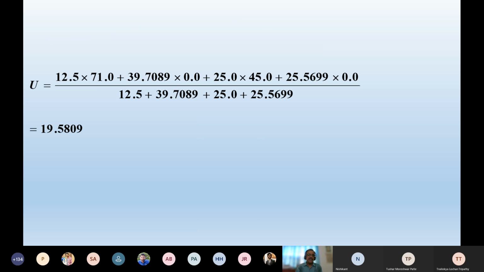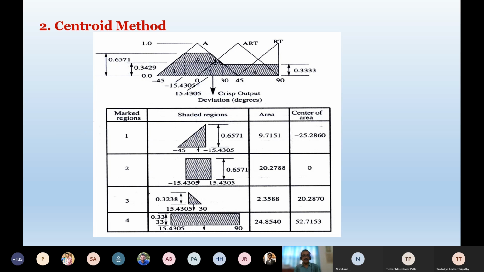Then you find out the crisp value: area multiplied by center of area, plus area multiplied by center of area, plus and so on, divided by the sum of all area values. I'll be getting the crisp output as 19.5809. So this is the crisp output corresponding to your center of sums method.